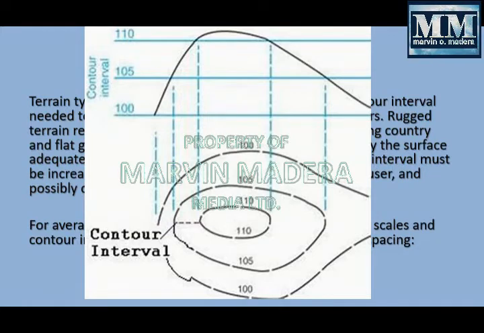It will depend on the scale of the map. So in this case, the contour interval is 5 feet or 5 units. So the spacing for the profile is from the lowest elevation plus 5 units elevation. That is the contour interval, and it will be represented in the map like the points pointed by the arrow.